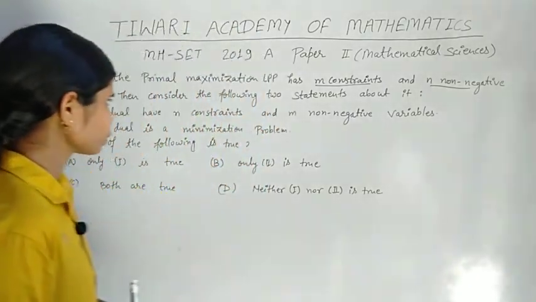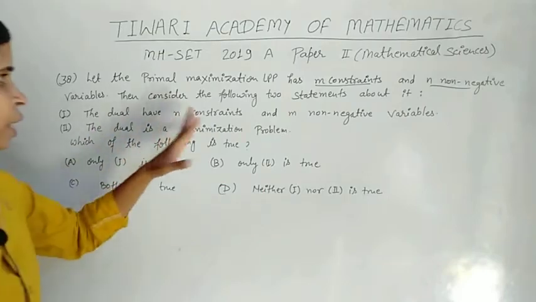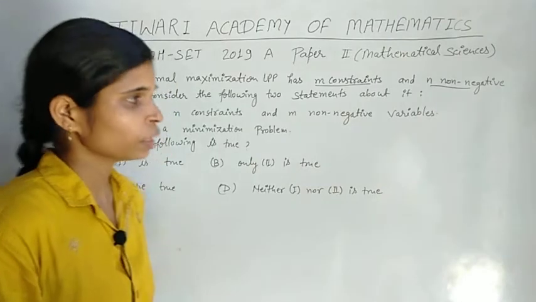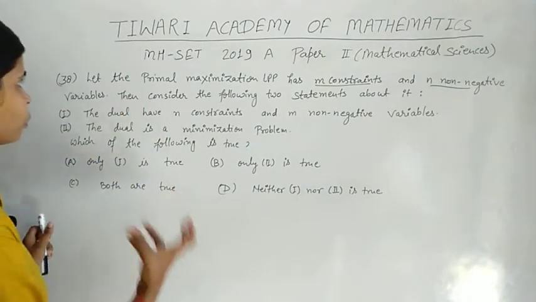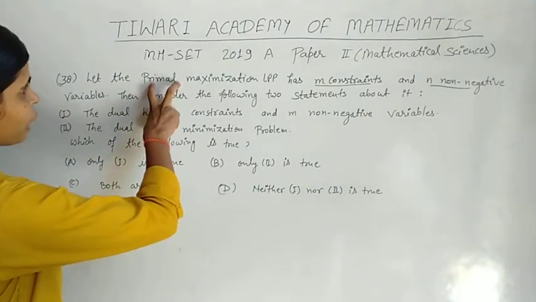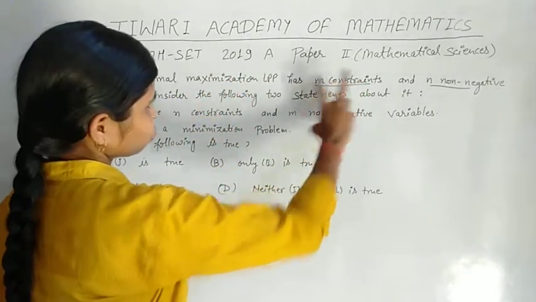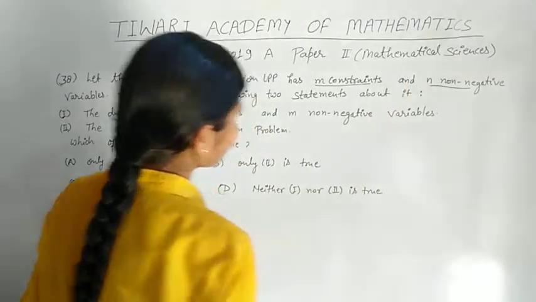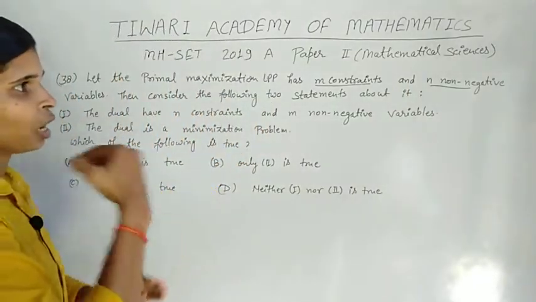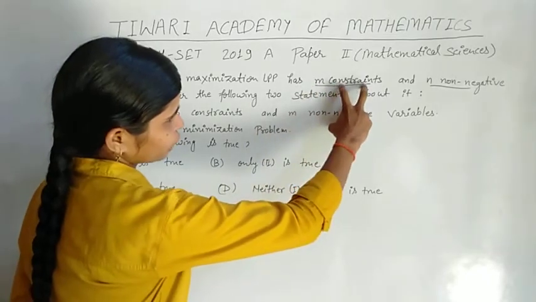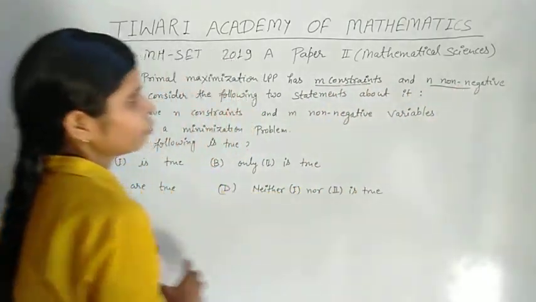Statement first: the dual has n constraints and m non-negative variables. This is a true statement, because the primal maximization LPP has m constraints and n non-negative restrictions. That means it's the opposite: in the dual, n constraints and m non-negative variables.